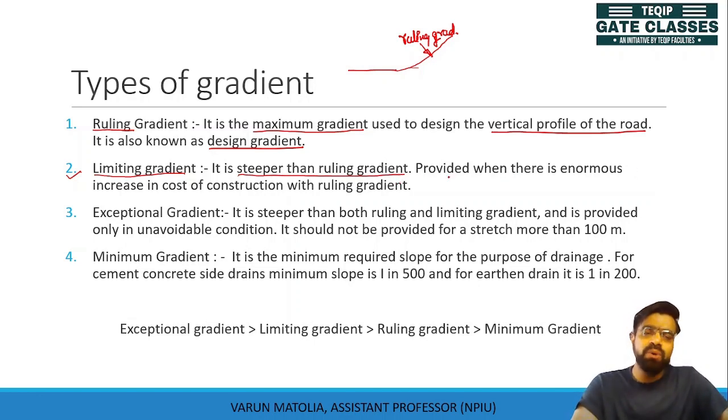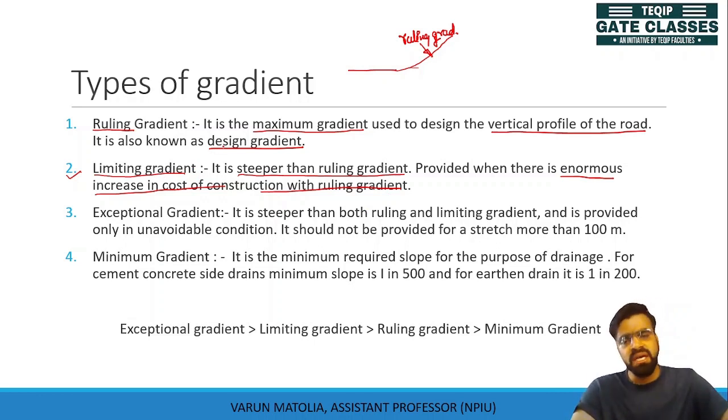It is provided only when there is enormous increase in cost of construction with ruling gradient. So if we are required to provide a gradient steeper than the ruling gradient in order to cut the cost, for limited stretches we can provide limiting gradient.